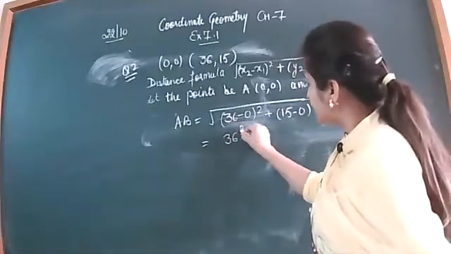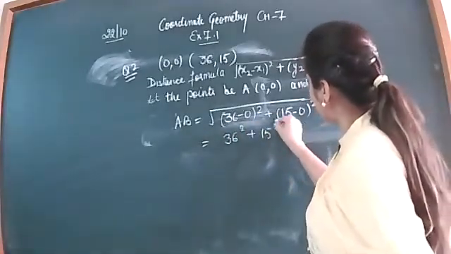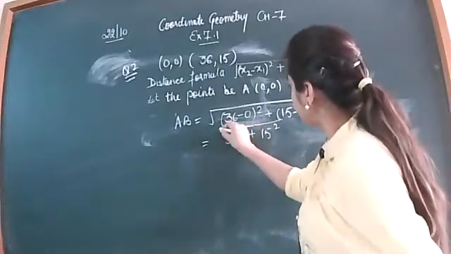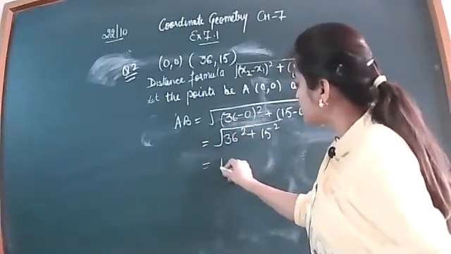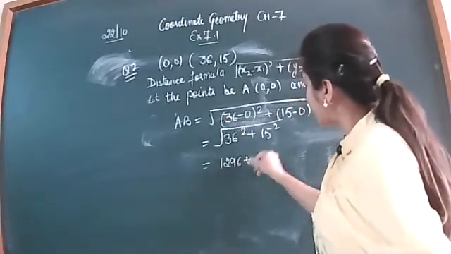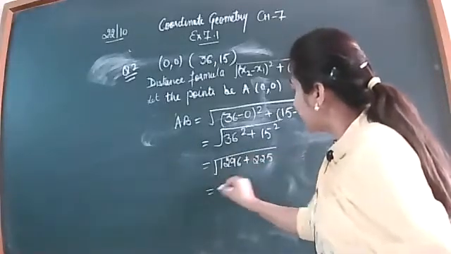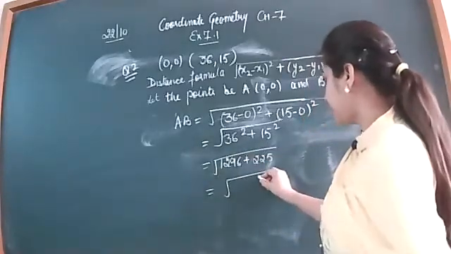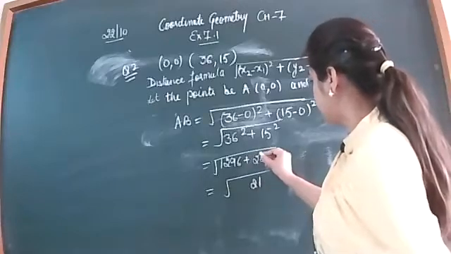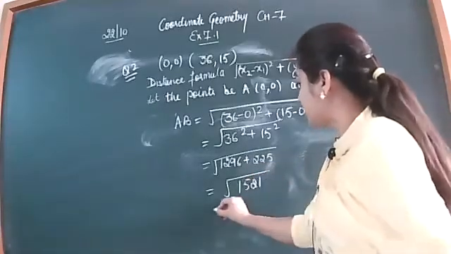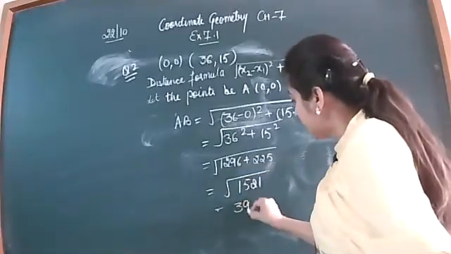This will become 36 square plus 15 square. 36 square is 1296 and 15 square is 225. Add them, what will you get? 1521, and the square root of this number is 39.